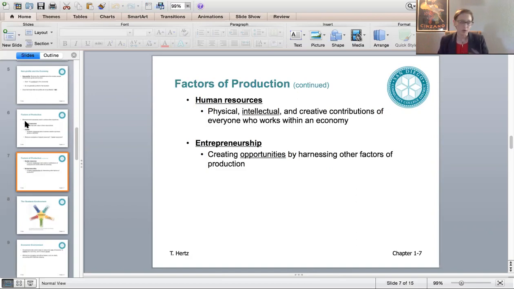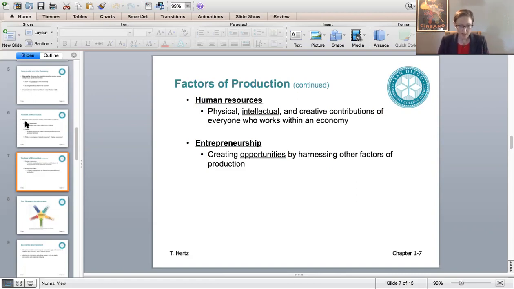Entrepreneurship is so important in the U.S. economy. It's vital to the U.S. economy. It's big in the United States. 543 new businesses are started, not every year, every month in the United States.